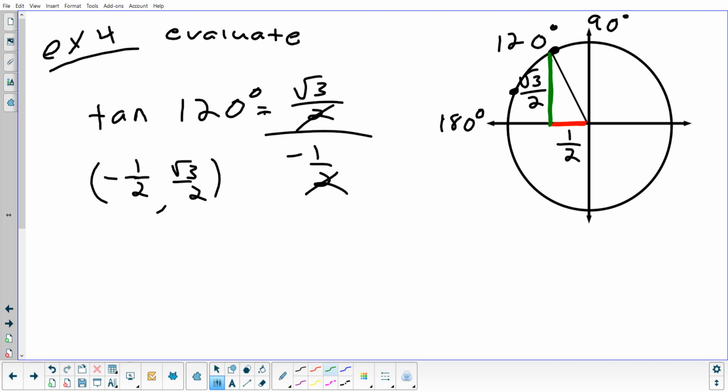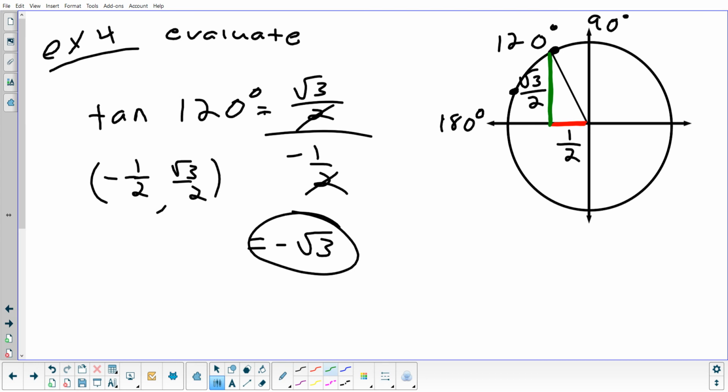So let's just cancel that. And Allie, what am I left with when I divide those two fractions? Square root of 3 over negative 1. And when you divide a number by negative 1, what does that do to it? It just makes it negative, yeah. So we can just put negative square root of 3. It's like if you had 4 divided by negative 1, you just put negative 4. Okay, any question on that one?